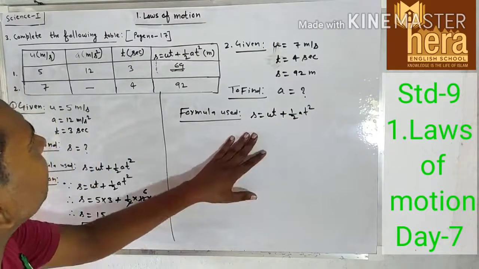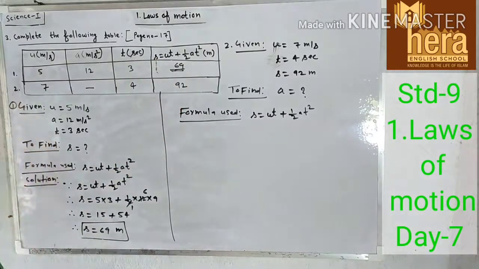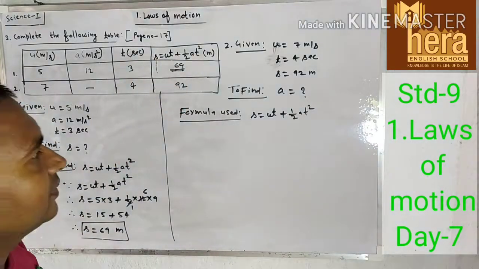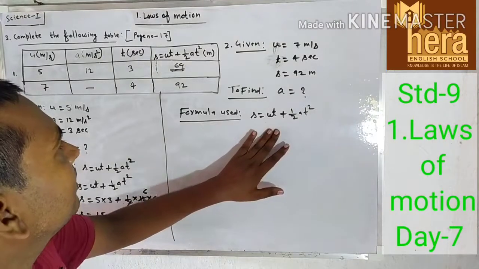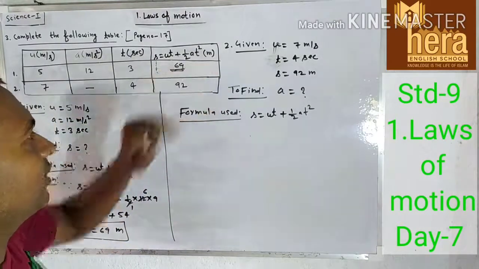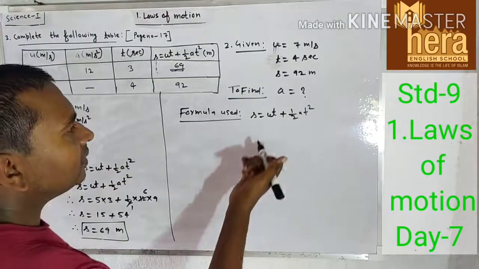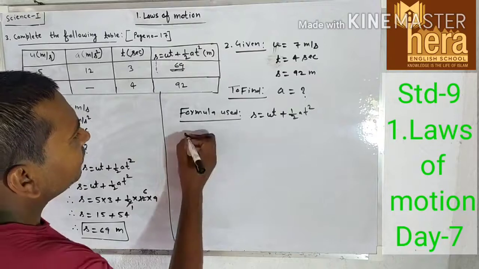Can you tell me one thing? This is Newton's second equation of motion or third equation of motion? Can you tell me? This is Newton's second equation of motion. Then solution.